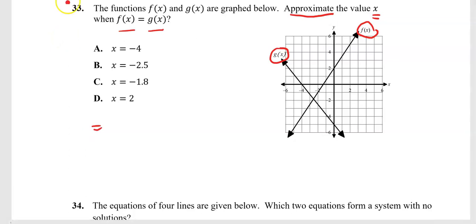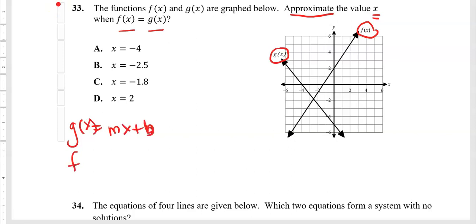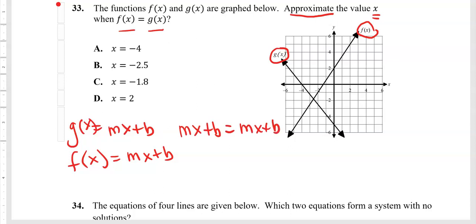Let's just assume that g of x is some sort of slope-intercept equation, and f of x is also some sort of equation. If I knew my equations, I would just set them equal to each other, and then I would solve for x.